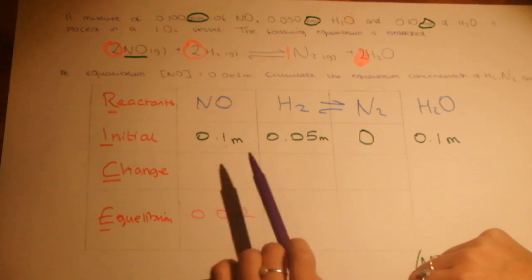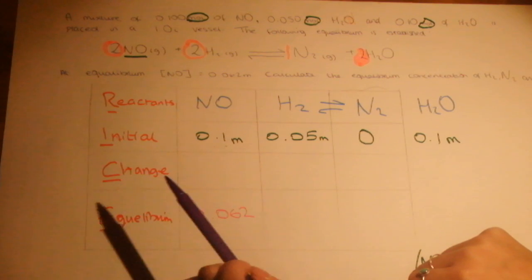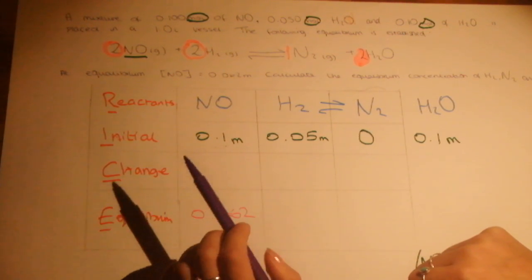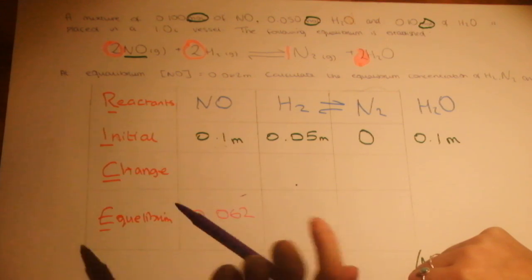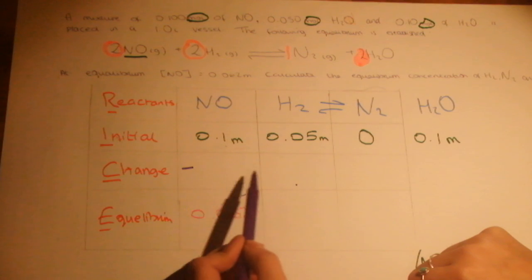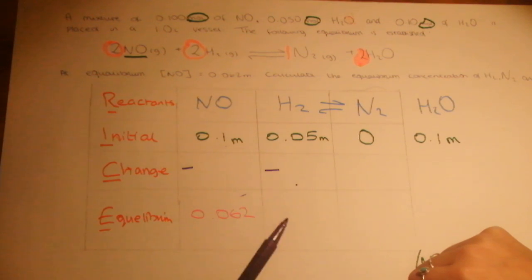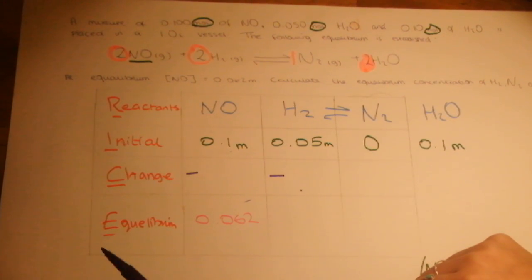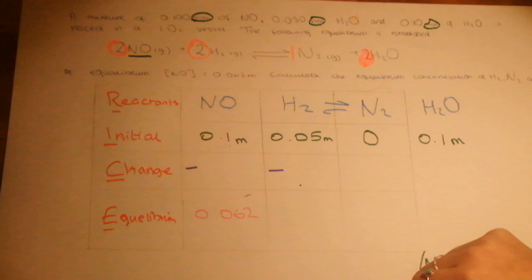So we would literally just do 0.1, which is the initial, take away 0.062. So this is really important here. Before you actually write the numbers in, the reactants are always going to be negative, because you're always going to lose the amount of, so you start with reactants, and those reactants are always going to decrease in concentration or moles to produce something else.